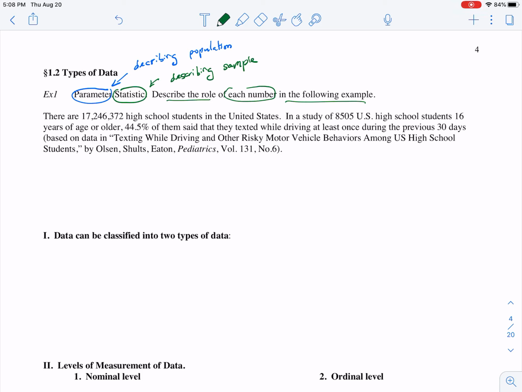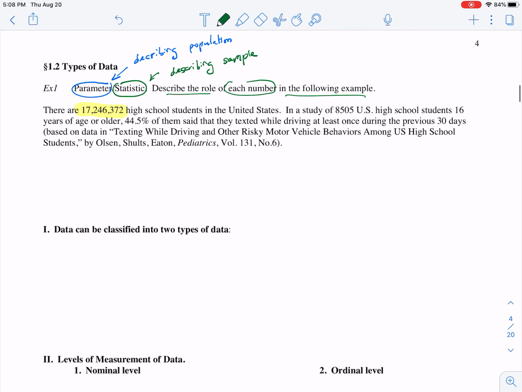This was from Texting While Driving Versus Motor Vehicle Behaviors Among U.S. High School Students by Olson's, blah, blah. Okay, so we have several different numbers in this example. The first one we have is 17 million. So what is the role of this number?